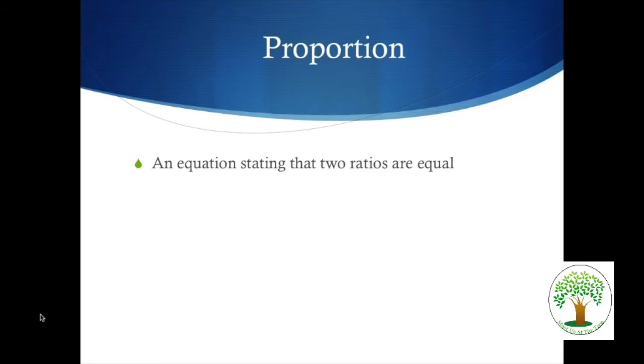We said it's going to have two ratios that are equal. Those ratios will be written as fractions. And so if you want to replace that word, just put like an arrow and put the word fraction. Okay? That would help. So the ratios that we're going to have will be 2 equal ratios or 2 equal fractions.